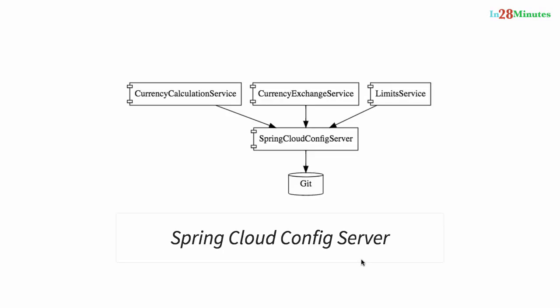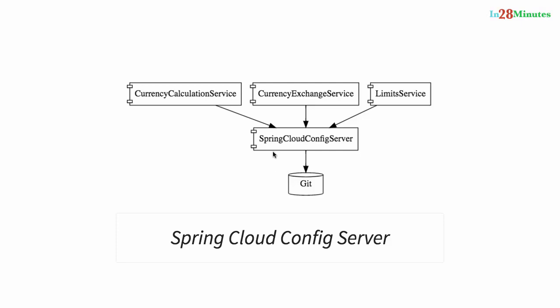Spring Cloud Config Server provides an approach where you can store all the configuration for all the different environments of all the microservices in a Git repository. So you can store all the configuration for different environments of different microservices in just one place, in a centralized location.